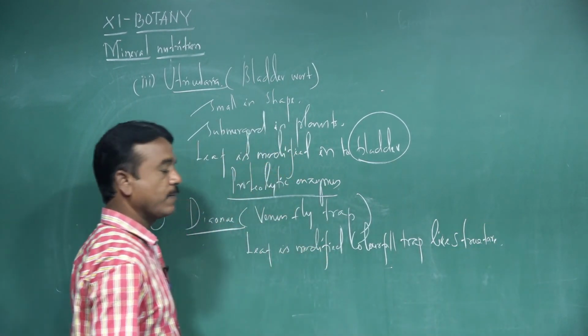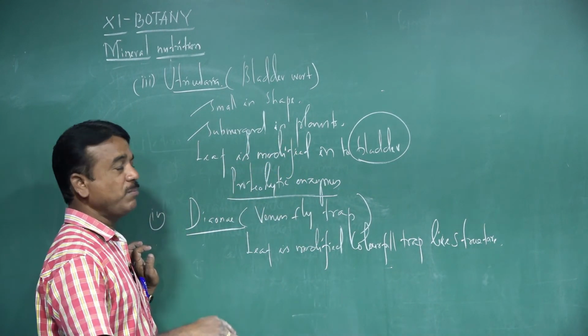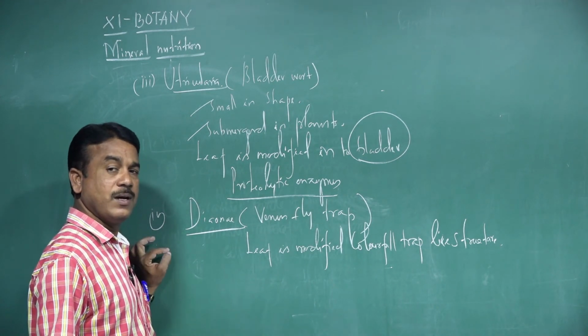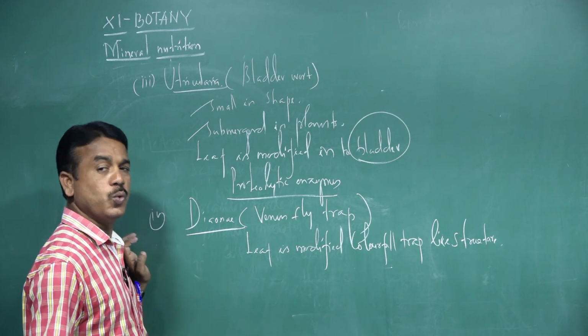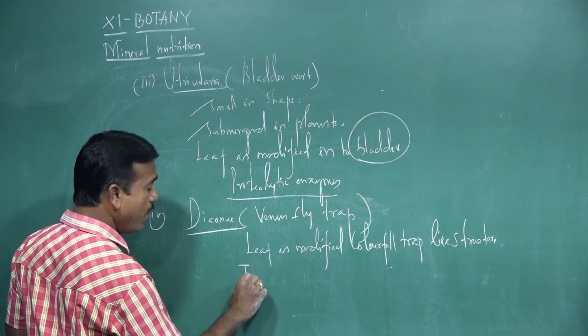Apart from that, here the leaves are folded into two, also called two-folded lamina.